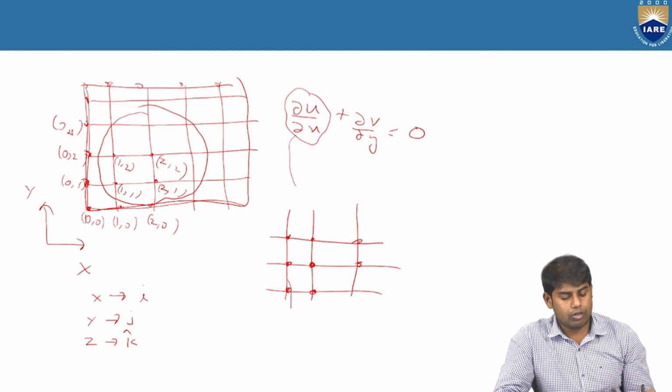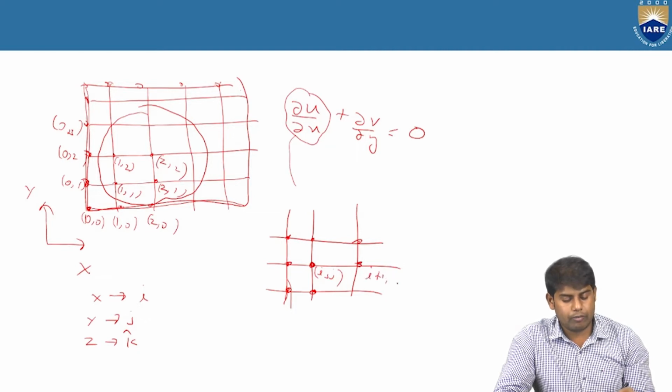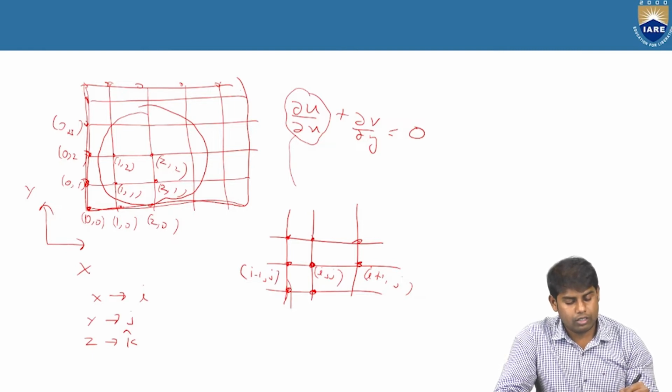First, the terminology: let's take this point as i comma j. If this is i comma j, what would be the next point here? This one is i plus 1 comma j, the left one would be i minus 1 comma j, the top one would be i comma j plus 1, and the bottom one would be i comma j minus 1.